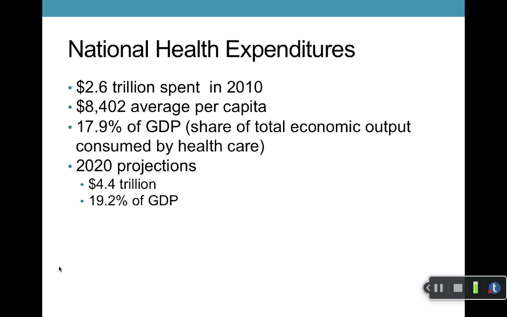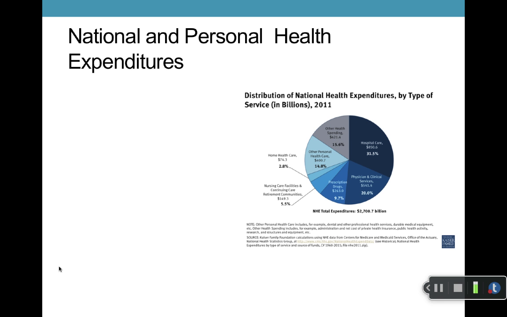We already saw that a pretty significant portion of that came just from the Medicare program. Now, the 2020 projections say that we will be spending $4.4 trillion on health insurance and health care in the United States, and that this will be 19.2% of our gross domestic product.